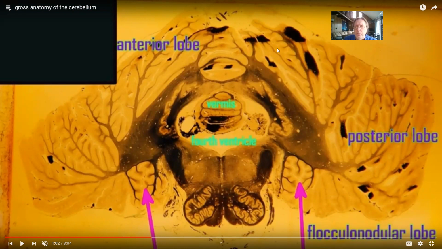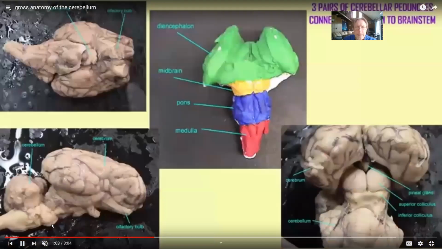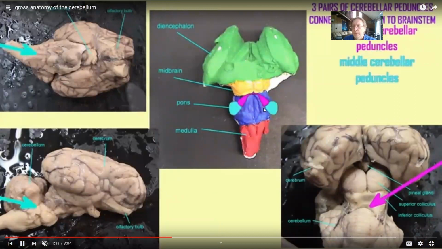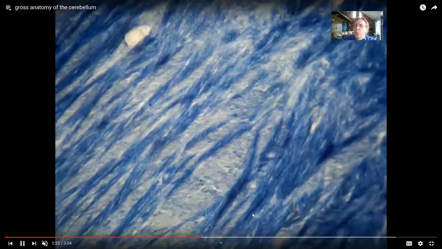There's the fourth ventricle, the anterior lobe, the posterior lobe, and here once again is that small flocculonodular lobe here. So here you can see those cerebellar peduncles. So there's two from the midbrain, two from the pons, two from the medulla, which anchor the cerebellum. And so a lot of what we see is white matter.